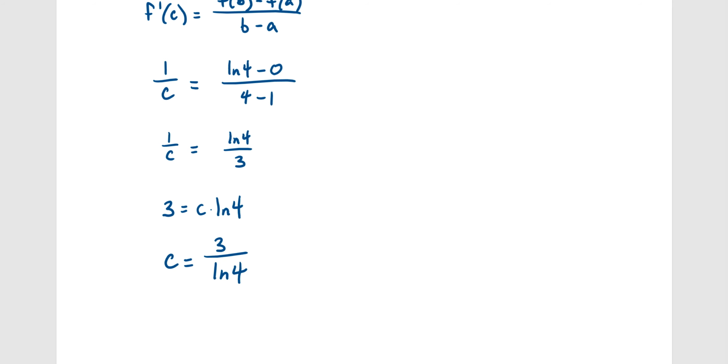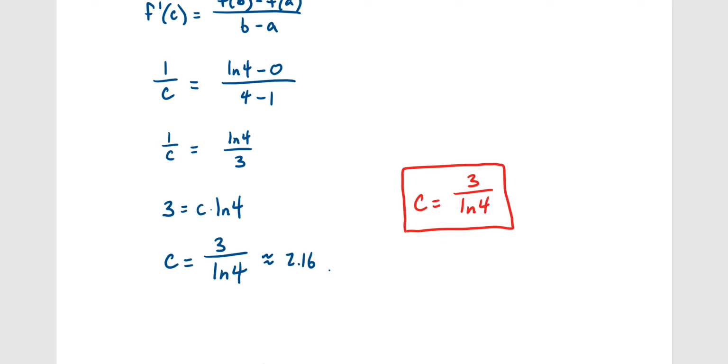So this, we're not going to approximate it, but I'm just going to write it down just so we can see that we're probably correct. If you type this in the calculator, it's about 2.16. But we're going to put the exact answer. We get c equals 3 divided by the ln of 4.